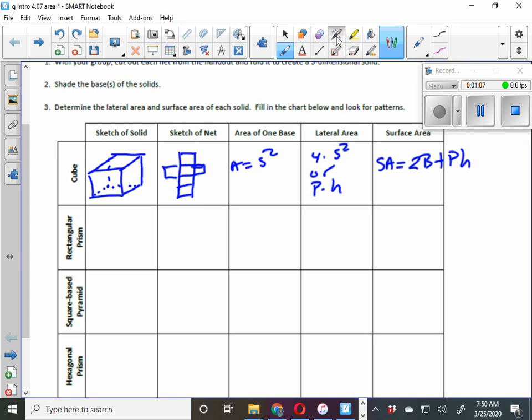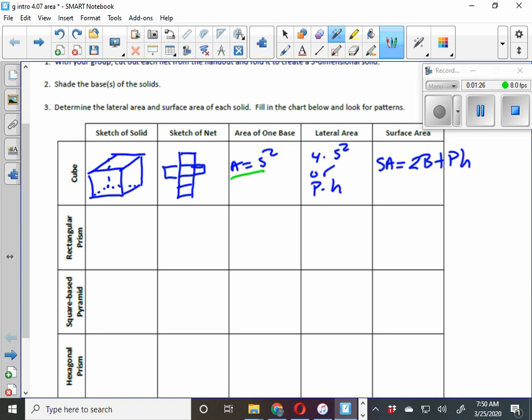Okay, so for some perspective here, you've got your solid. This is what we call a net, and if you lay it out, open it up, you end up with 6 squares because of the cube, right? So the area of one of the bases is simply side squared.